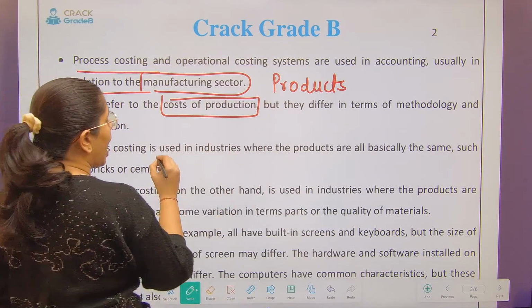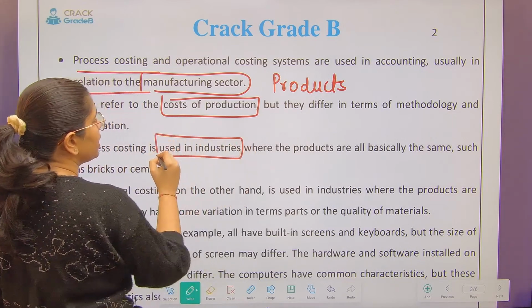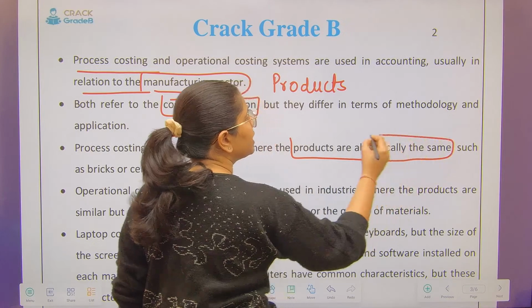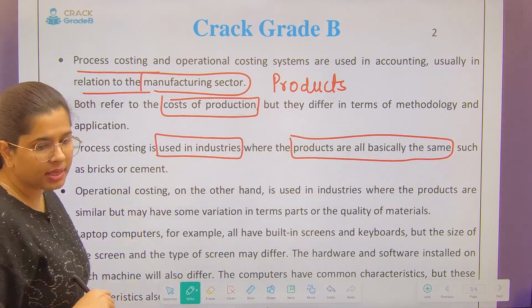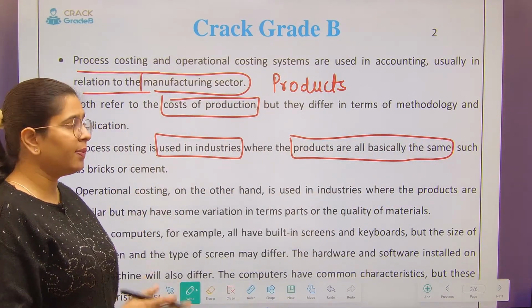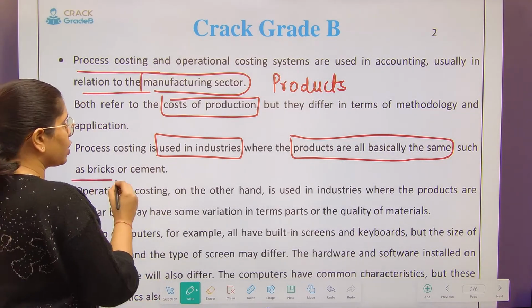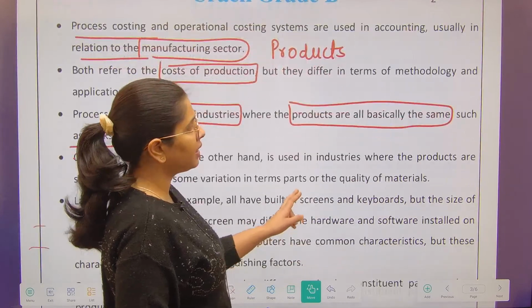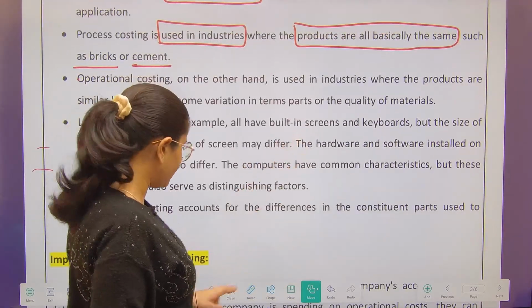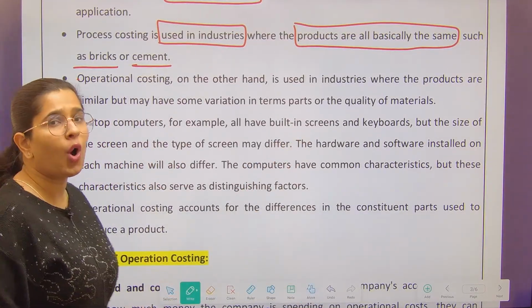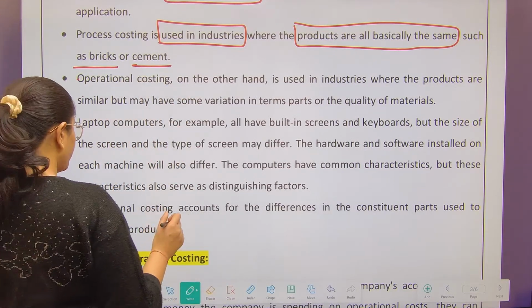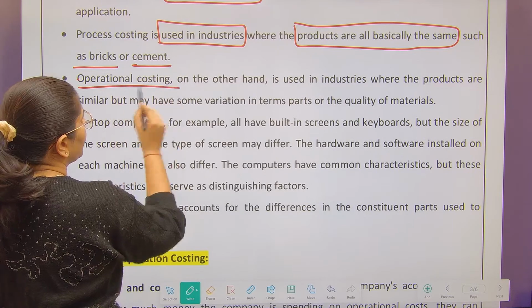Process costing is used in the industry where products are all basically the same. There is no difference between the products like your bricks or cement. All the bags of cement are similar in nature. There is no difference, and hence we are going to use process costing there. Where we are going to use operation costing?